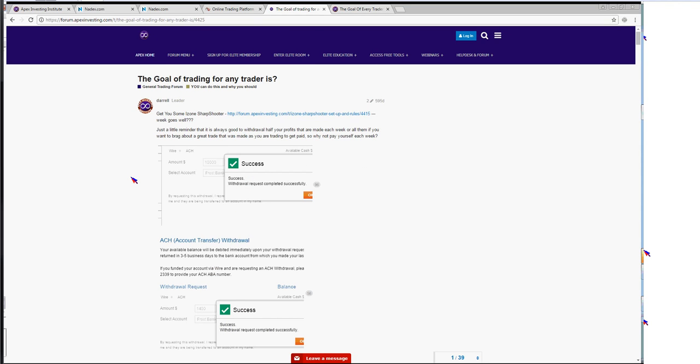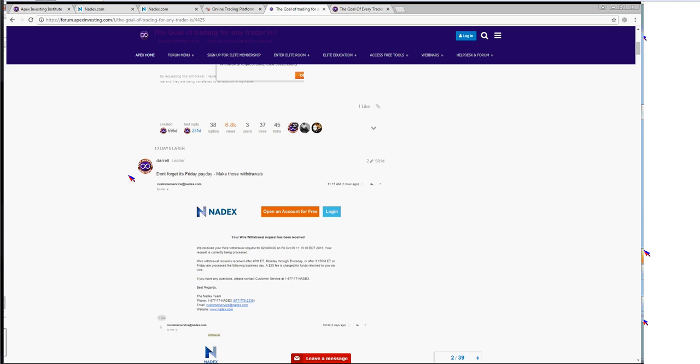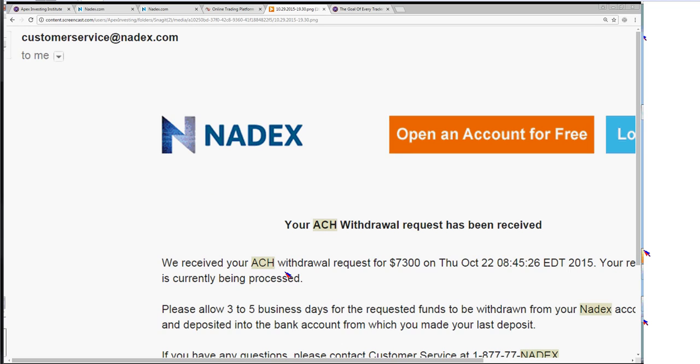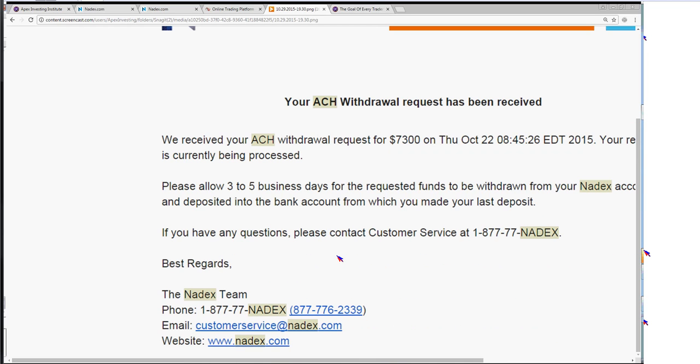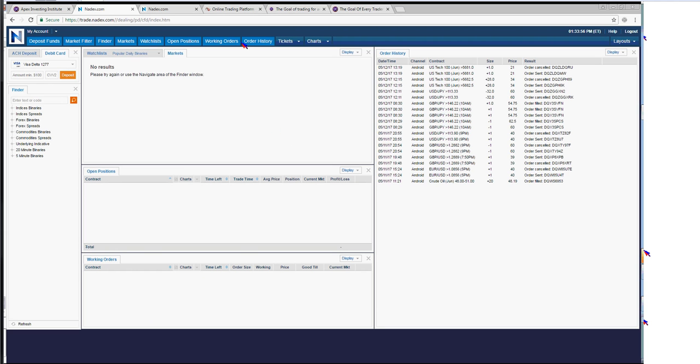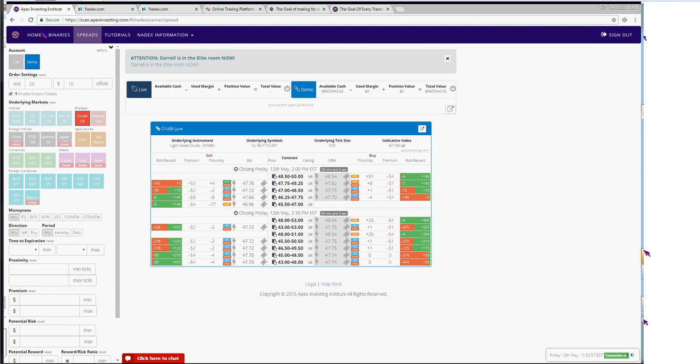People just want to know, do you trade and do you actually make real money? And so there you go. Notice how you can't withdraw from Nadex demo, but you can show settlement from Nadex demo and you can crop them. These are actual withdrawals. Anyway, just wanted to point that out, because watch out when somebody only shows demo. That's a warning sign.